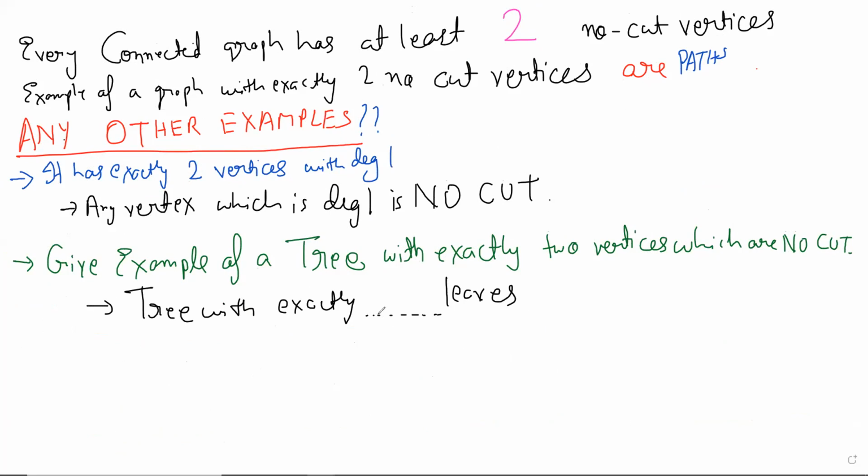Anyone wants to fill this? This question is the same as: how many leaves should your tree have if you wanted to have only two no-cut vertices? Two no-cut vertices. Only two. A tree.